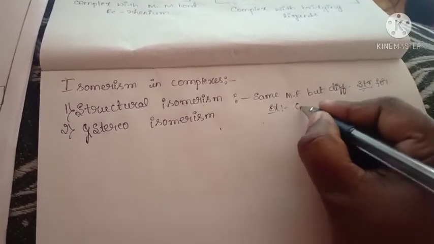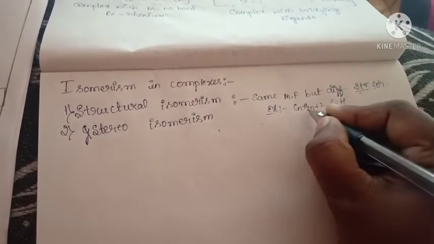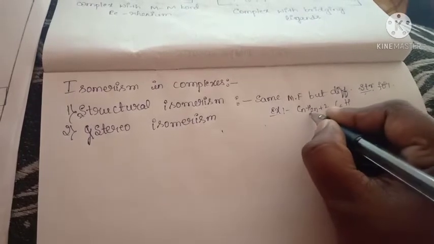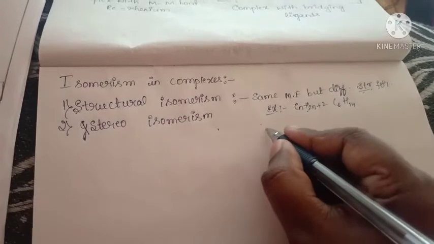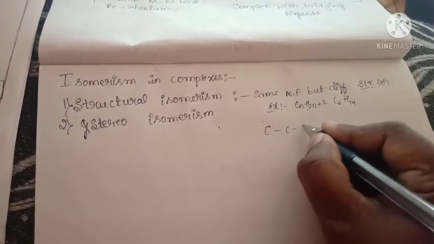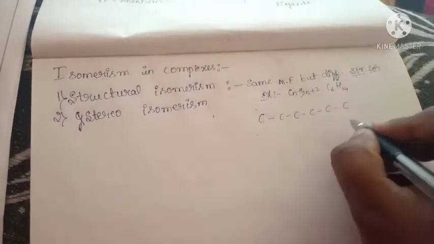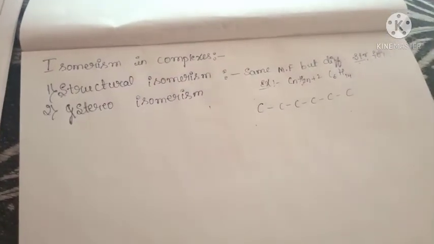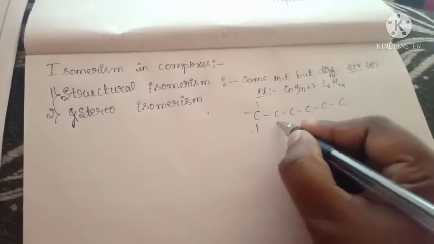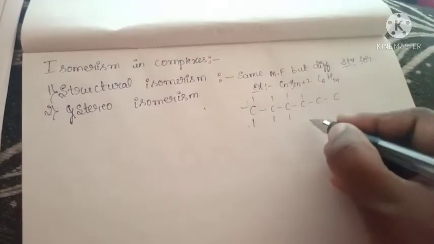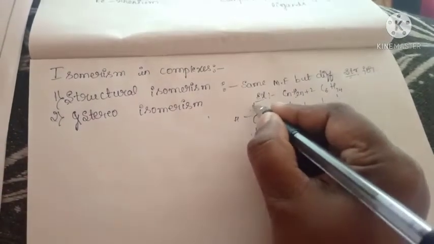Hexane means an alkane, CnH2n+2, C6, 6 times 2 is 12 plus 2 is 14. Here we are writing 1 2 3 4 5 6. Here there are 6 carbon atoms. Then how many hydrogen atoms are there? 14 hydrogen atoms. Okay, write the hydrogen atoms.